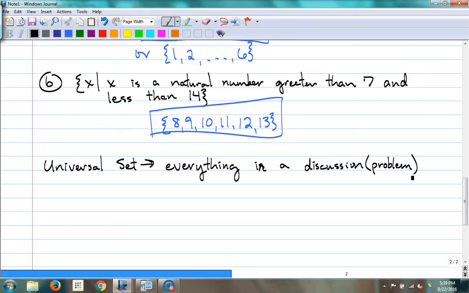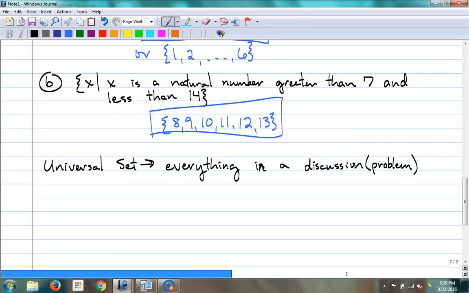In our case, it'll be everything that's talked about in the problem. So if they're saying something's part of the natural numbers, then the natural numbers would be our universal set for that particular problem. So the universal set can change depending on the problem that you've got.